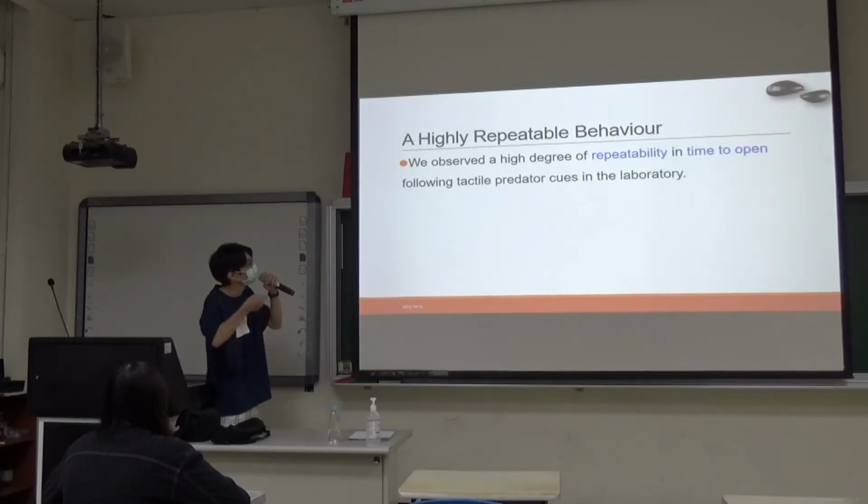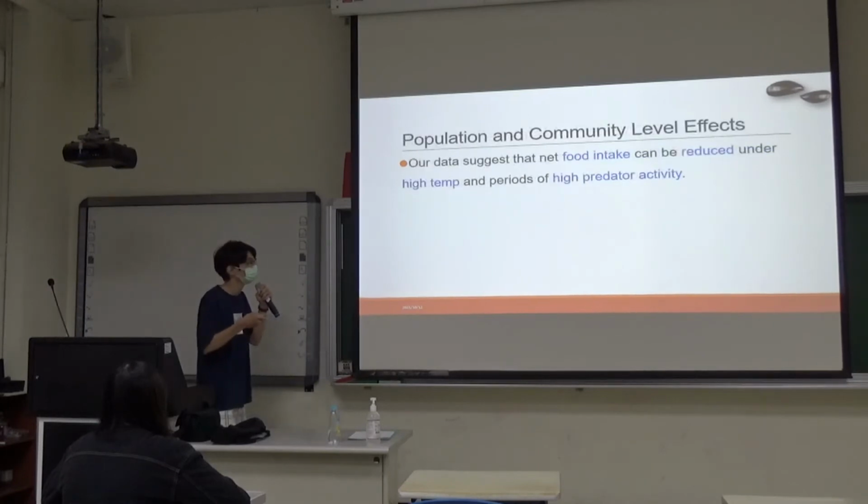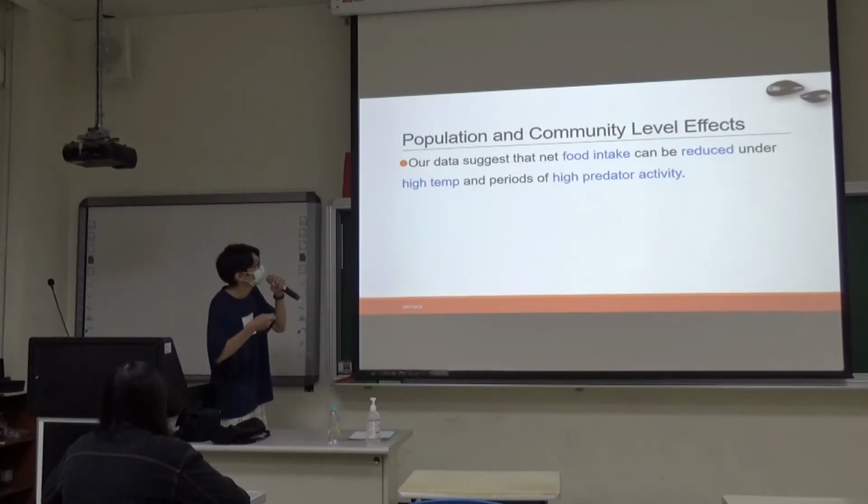Okay, this is about repeatable behavior. In our experiment, we see a high degree of repeatability in the time to open. So they can provide a useful model for behavioral ecology. And this one is about the community-level effect.